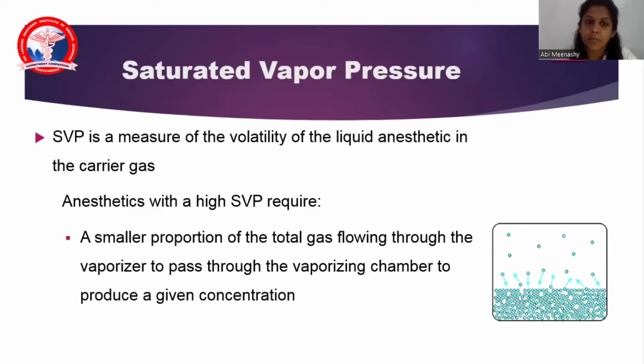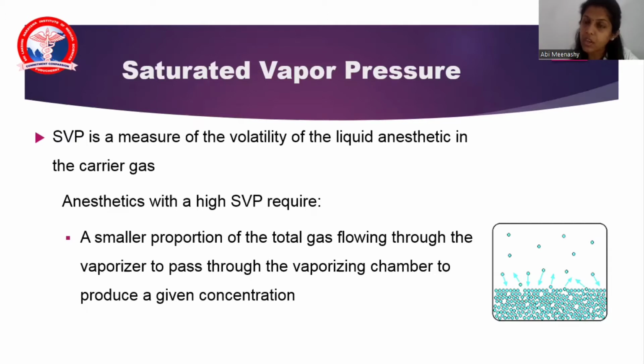Saturated vapor pressure is a measure of the volatility of the liquid anesthetic agent. The anesthetic agents, that is your inhalational agents, that come with a high SVP will require a smaller proportion of total gas flowing through the vaporizer to pass through the vaporizing chamber to produce a given concentration. So higher the SVP, higher will be the volatility.